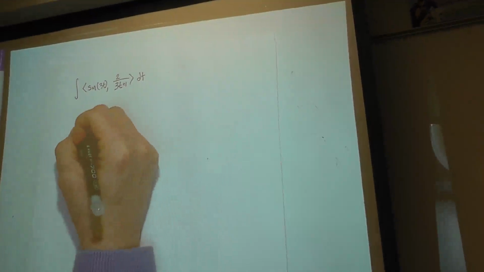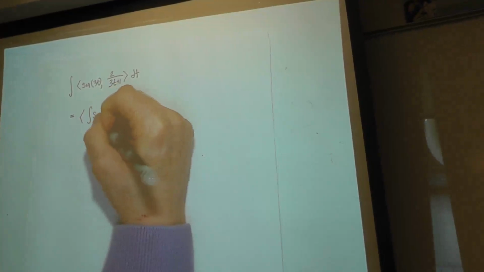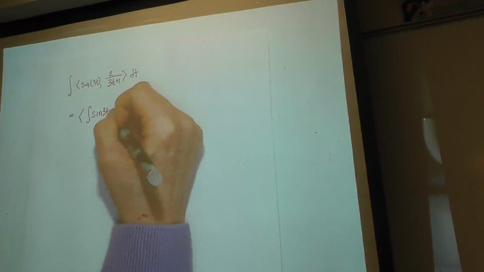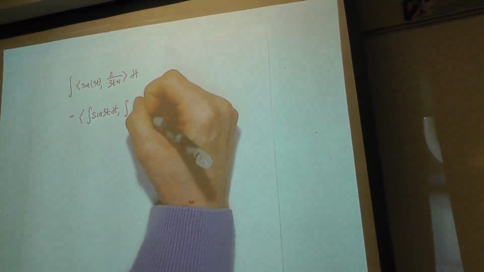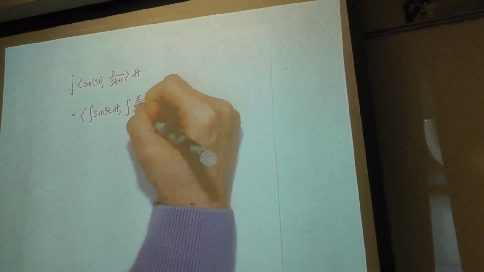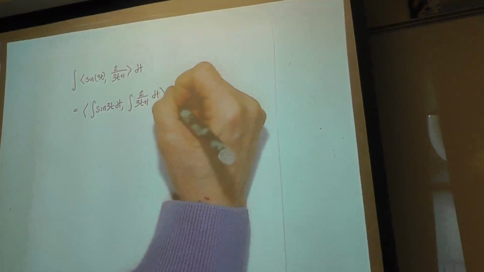What this amounts to is I am going to integrate sine of 3t to get my first component, and I'm going to integrate 2 over 3t plus 1 dt to get my second.